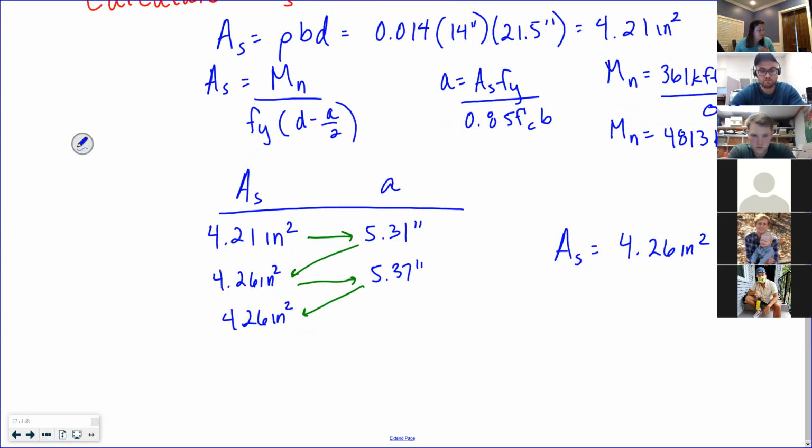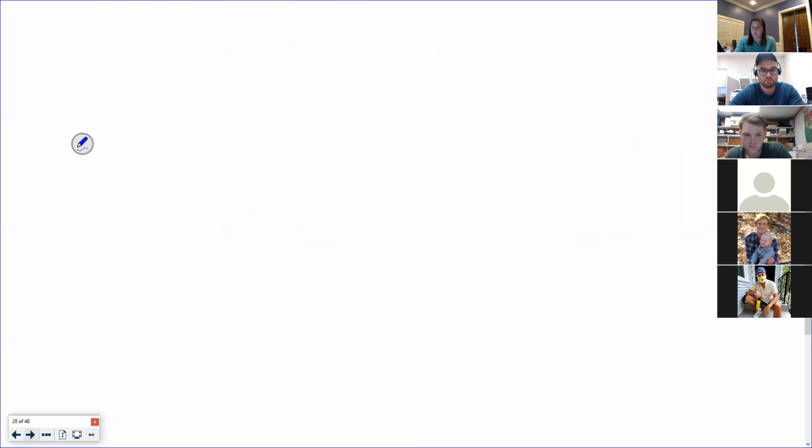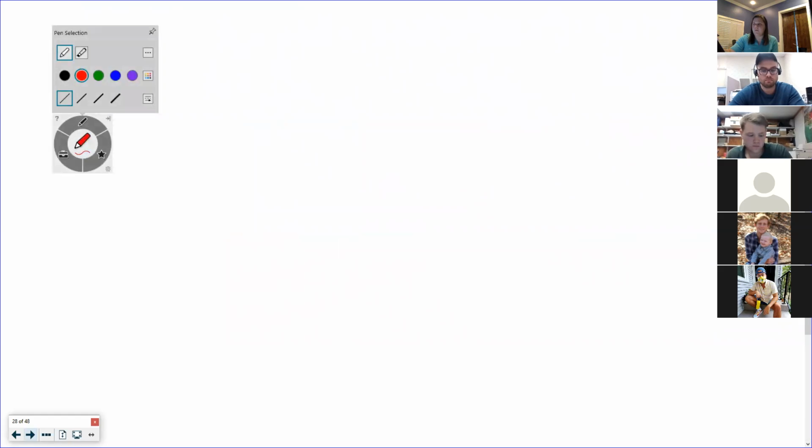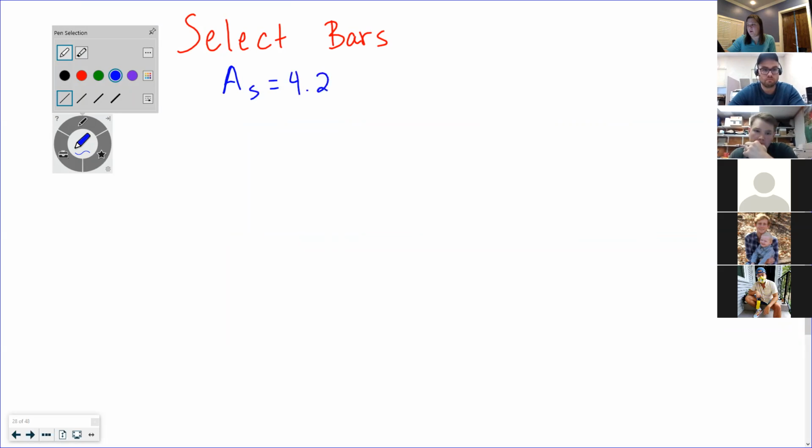So we're probably fine with AS min. So I have an area of steel that I need, 4.26 inches squared.